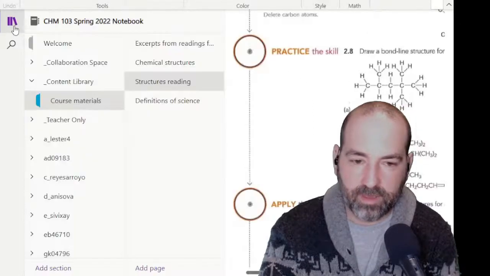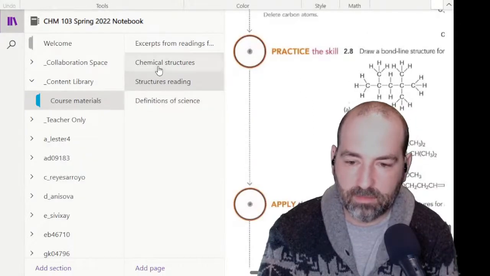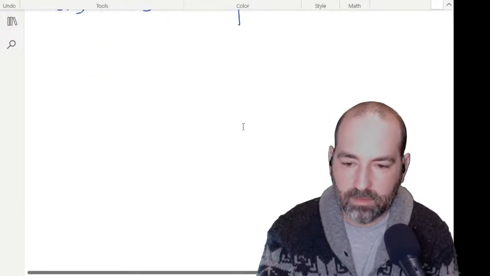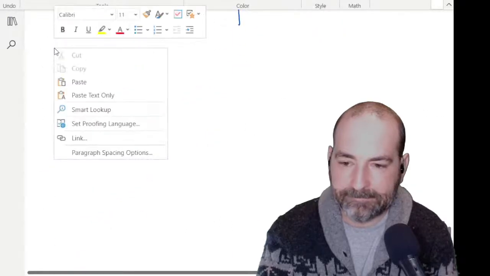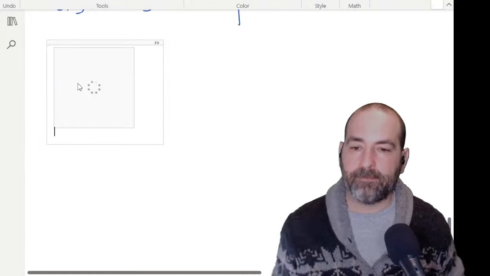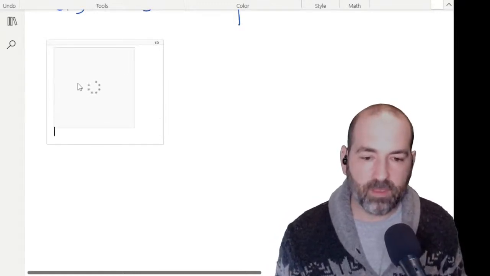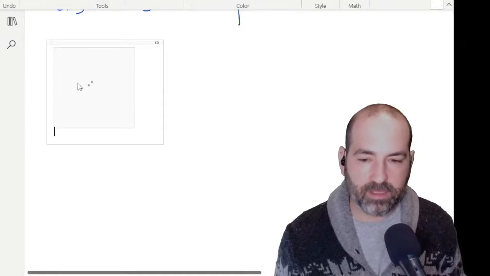All right, let's see if I can get this back in there. So I'm going to pull in those first 3, and we'll take a look at how we would draw line structures of them.